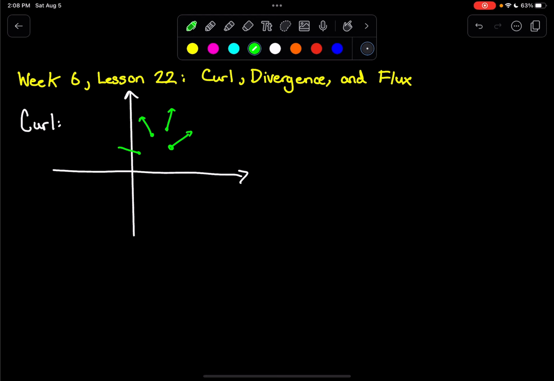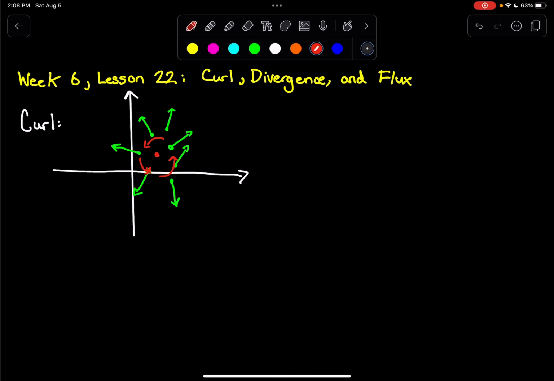And the idea behind curl is, if we imagine this vector field representing water or something of that nature, at a particular point in the vector field, it measures the tendency for the water or the vector field to swirl or rotate. And this is going to prove quite interesting to us because it relates very strongly to Green's theorem. But that's the idea, right?